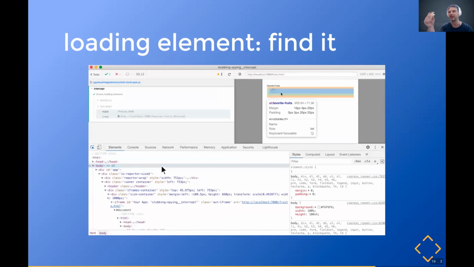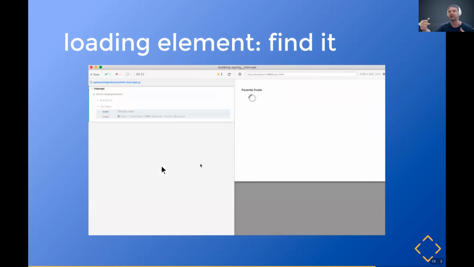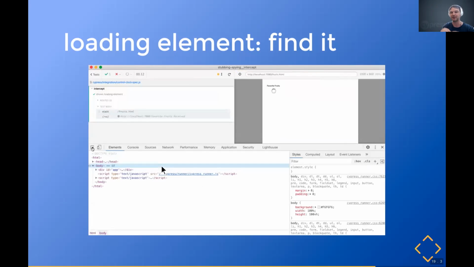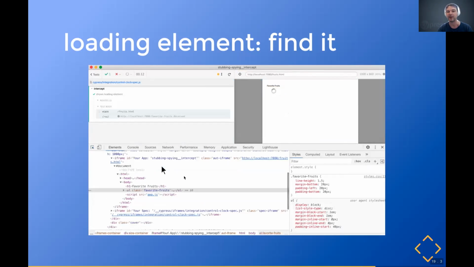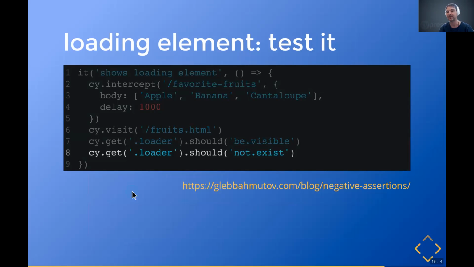So, kind of quick and dirty, delay the network response by 25 seconds, use DevTools, find the loading indicator, and once you found it, delay only by a second. So cy.intercept will delay by a second and then send apple, banana, cantaloupe. We visit the page, we now get the loader class, should be visible. And then we say should not exist. So after 1 second, it should just go away.